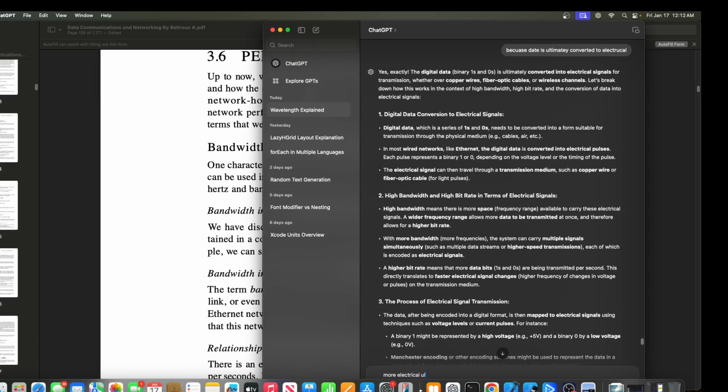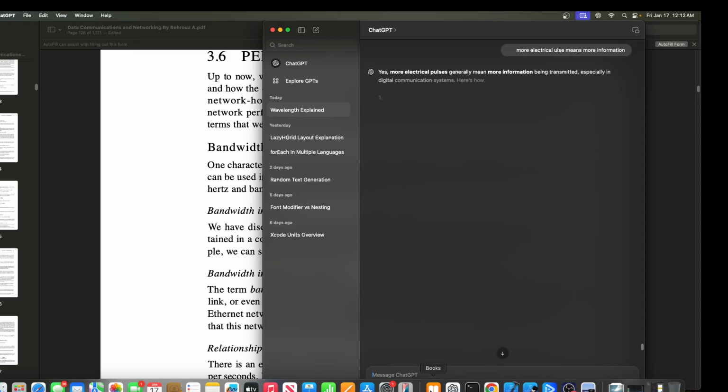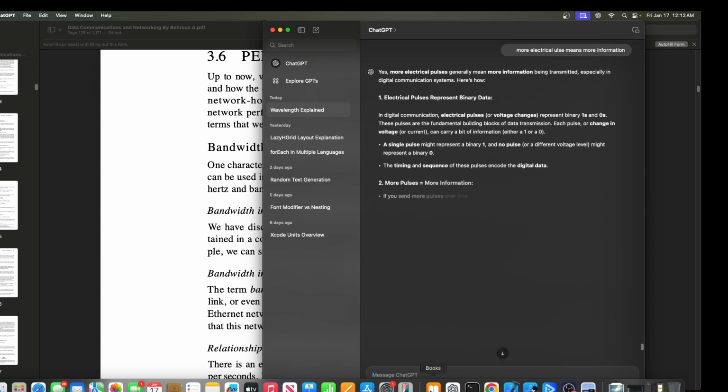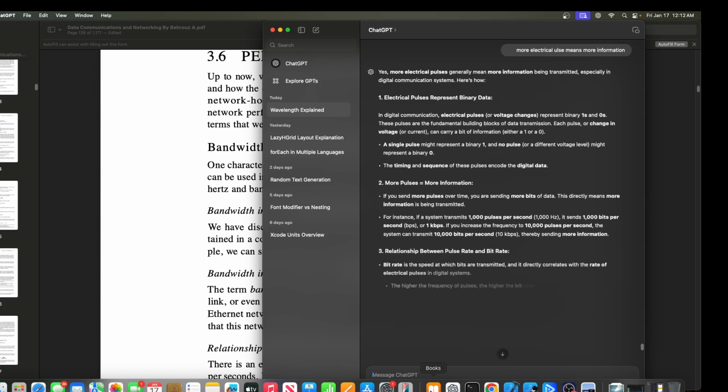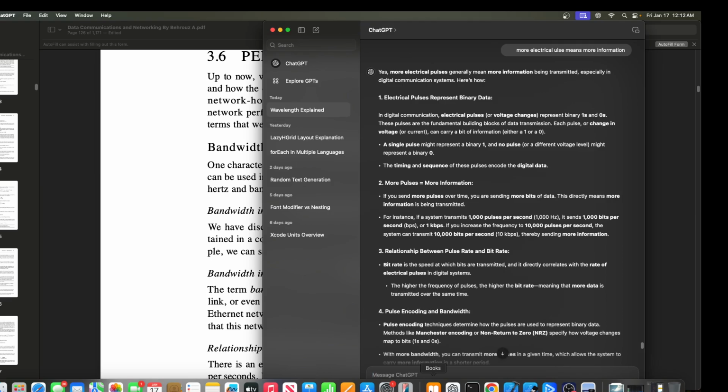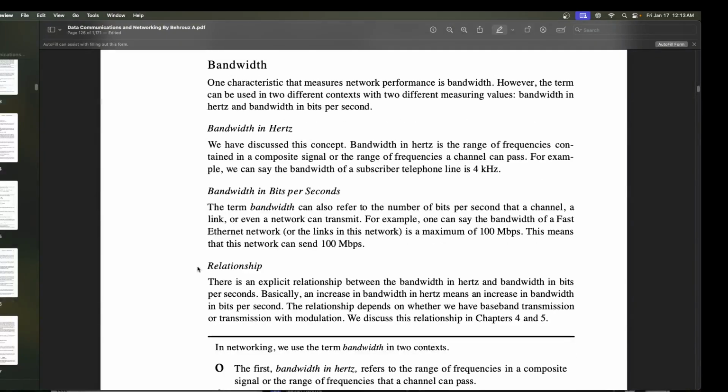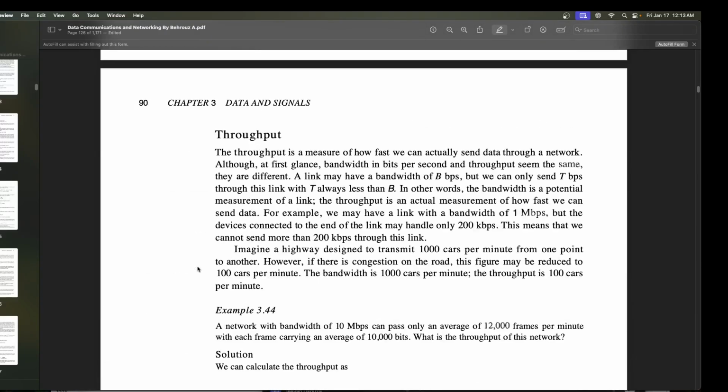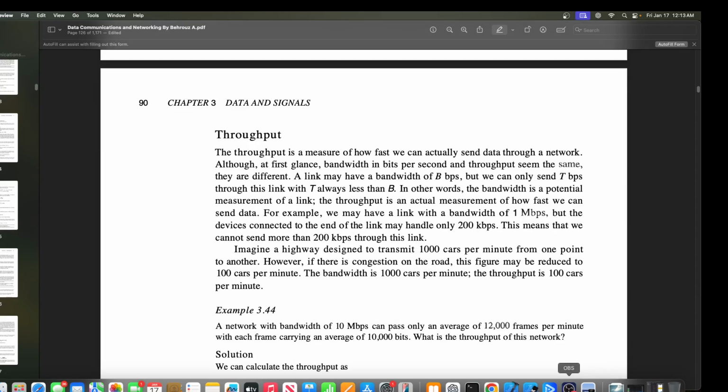More electrical pulses, more information. Okay, throughput is one-way time.